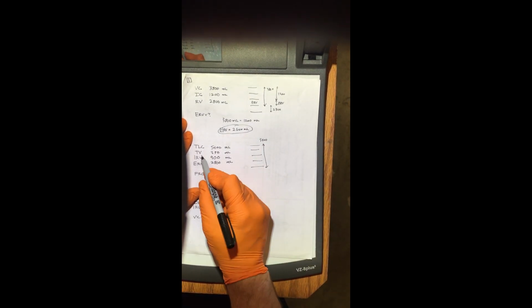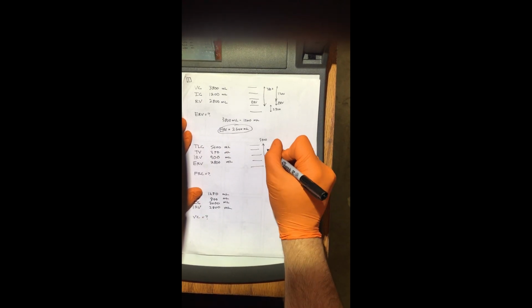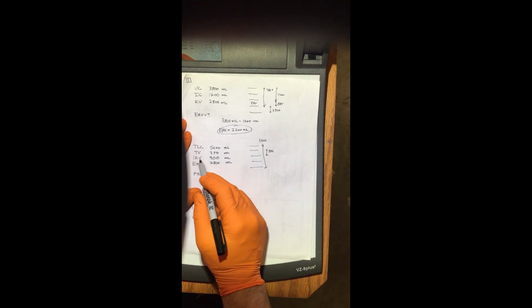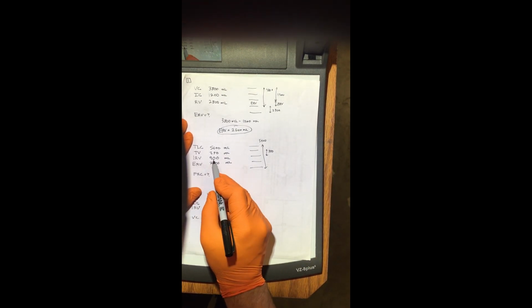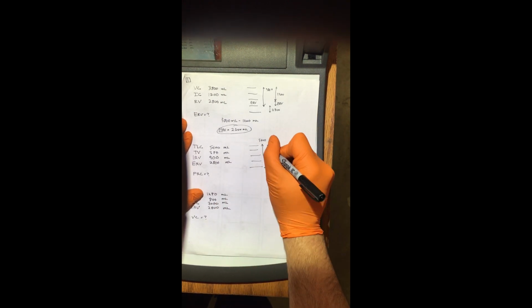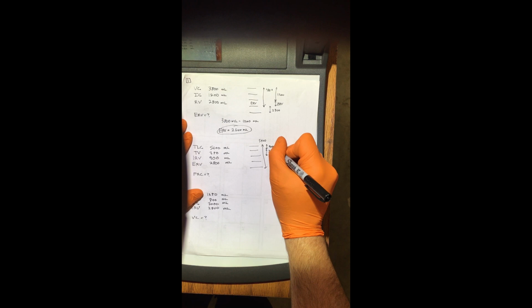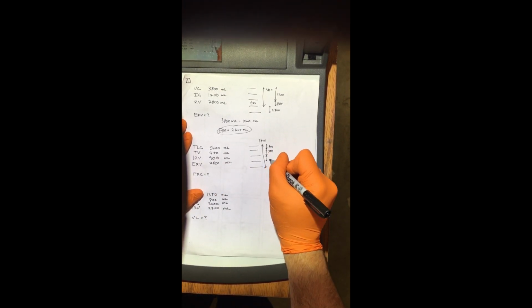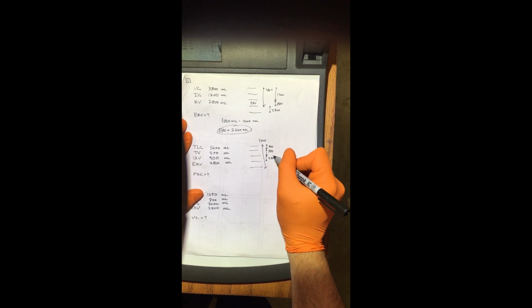We know our tidal volume. Tidal volume is right here. That's 350, okay? Our IRV is 900, so inspiratory reserve volume's up here. So that's 900. Our expiratory reserve volume, that's this right there, that's 2,800.